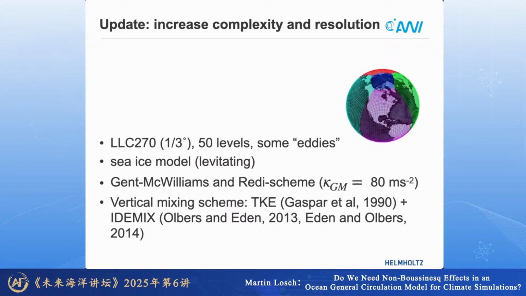We now use a common eddy parameterization scheme, the Williams and Reddy scheme, with a small coefficient because we resolve some of the eddies. And there's actually a mixed layer model, a turbulent kinetic energy scheme, turned on together with some other model that is not important at the moment.